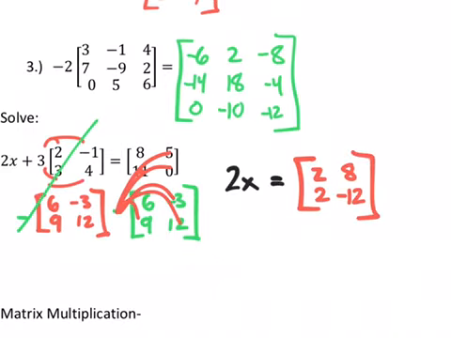Okay. So once we have that here, this won't really matter too much, but it's an important concept to grasp, is that there's going to be no such thing as division within matrices. So we won't be able to have the option here to say, I'm going to divide everybody by 2, which is what we'd normally do to solve for that x if it was in a regular equation.